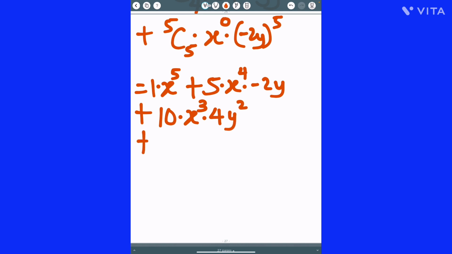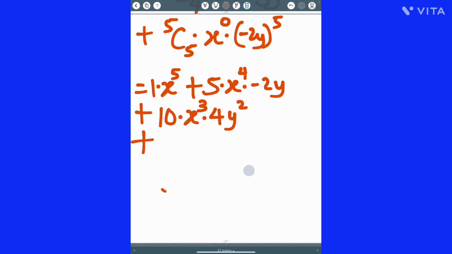That's my third term. Going to the fourth term, the coefficient of my fourth term is 5 combination 3. As you will notice if you do it yourself, 5 combination 3 will give you the same answer as 5 combination 2.